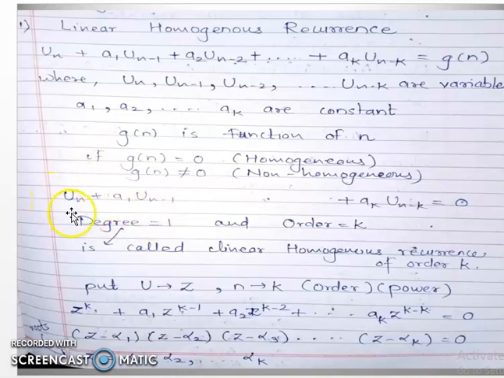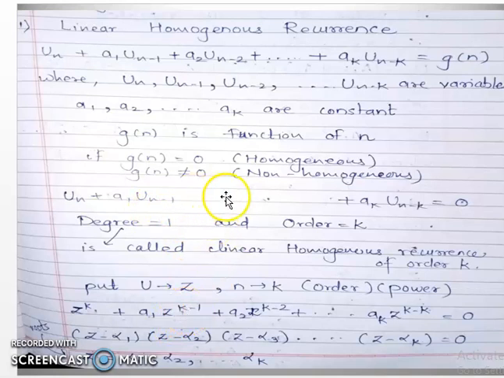So we can write un as z raised to the power k, plus the second term a1 un minus 1, which we write as a1 z raised to the power k minus 1.